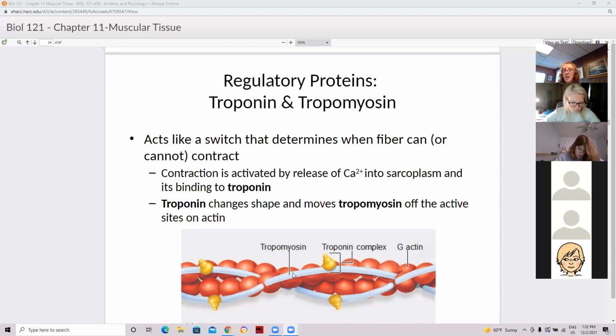Remember what the tropomyosin is guarding: the active sites on actin. So when the tropomyosin moves, the active sites are exposed. And that's when myosin can bind to the actin.